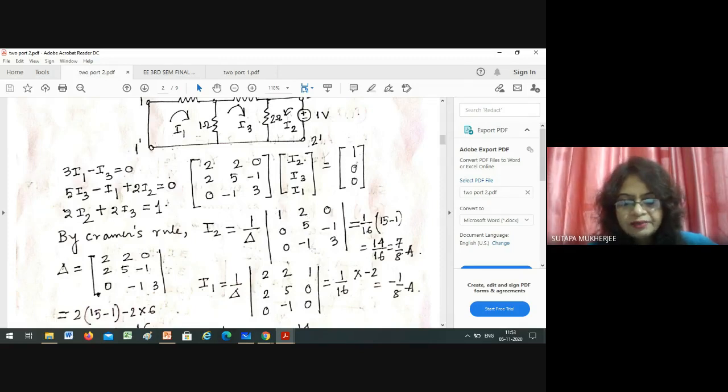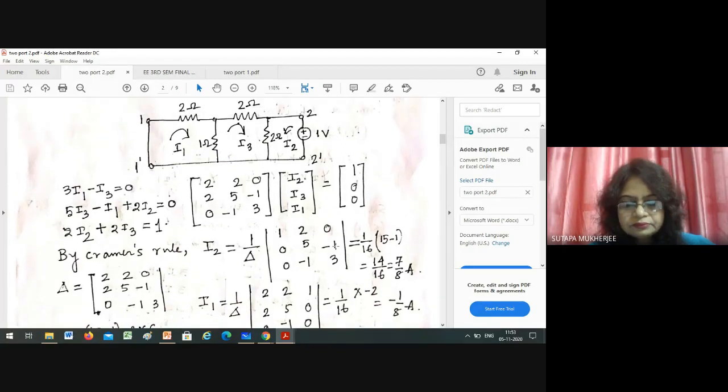So 2, 5, minus 1, 0, minus 1, 3. Do you know how to get the value of the determinant of this one? What will be it? Do it.